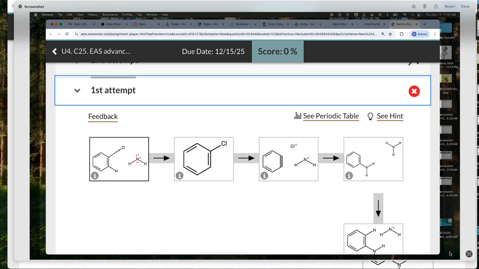Where I was asking you is when we look at that starting material, should it do EAS or NAS? Actually, we can do it this way. Look at the second box.